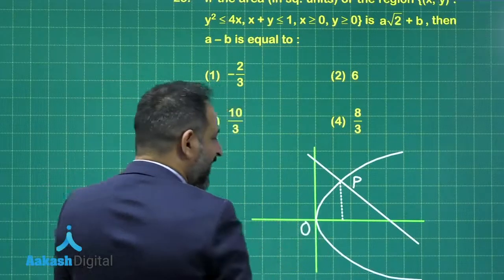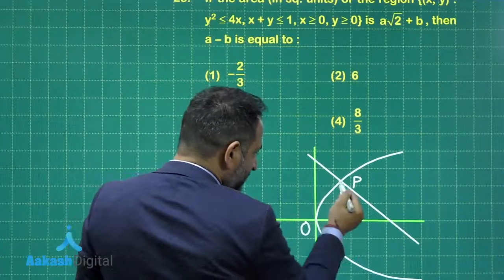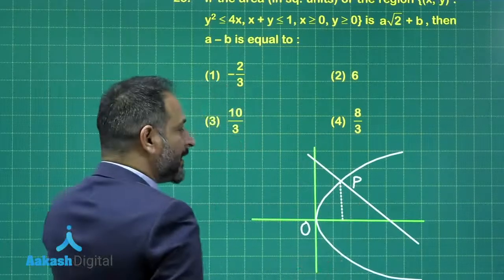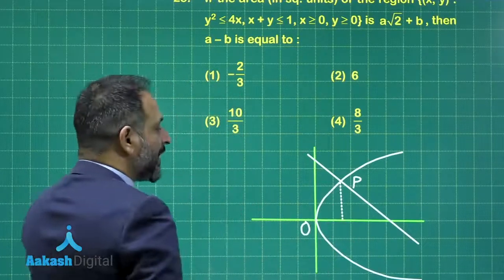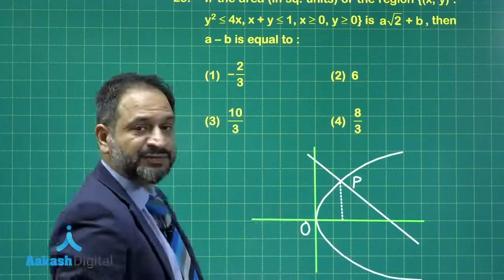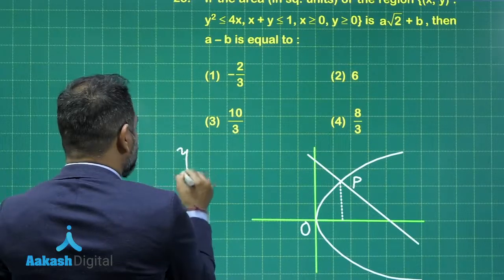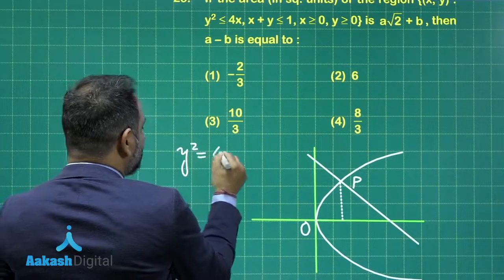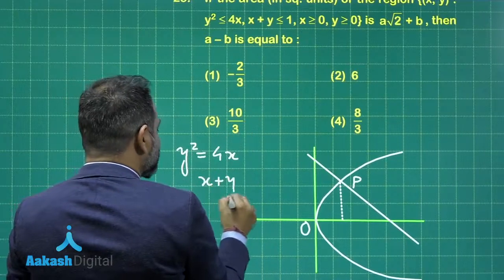Now the area will have two parts. This is one part and this is another part. Part 2 is simply a right triangle, but part 1 is the area bounded by the parabola and the x axis. So for that we need to find out P first. Now P will be the intersecting point of this parabola and this line, that is x plus y is equal to 1.